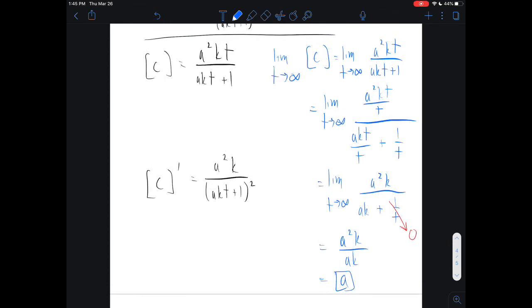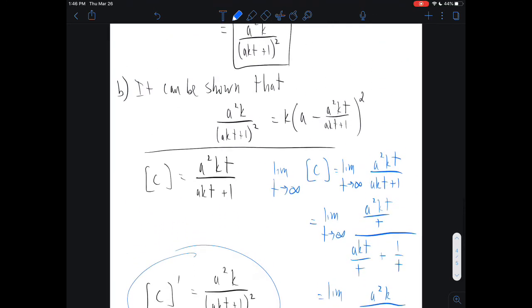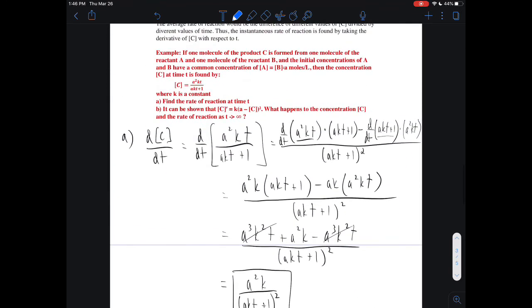All right, so now let's find the limit of the rate of reaction as t approaches infinity. So we could do the same logic that I just did with what we found in the answer for part A. But what actually helps us a little bit more is that that can also be expressed in this way, which also means we could use this expression.